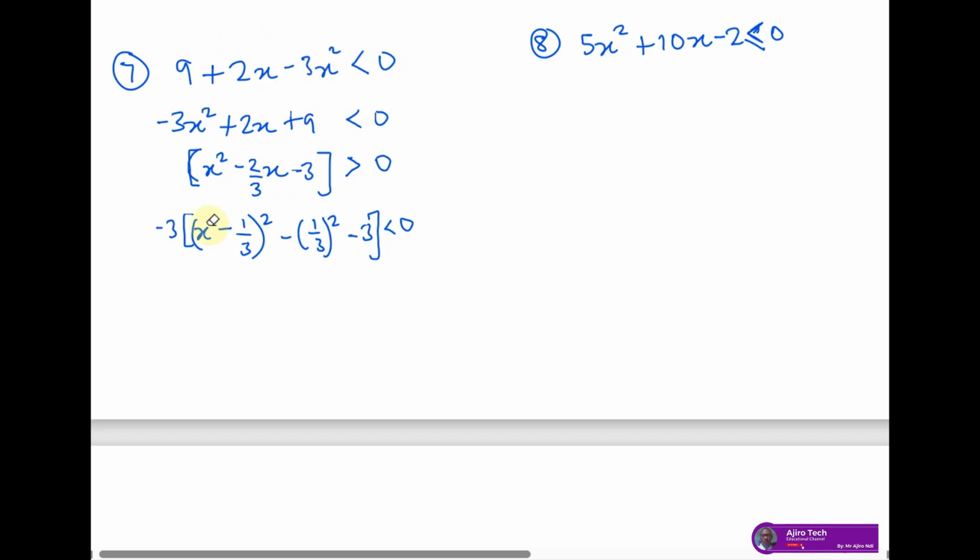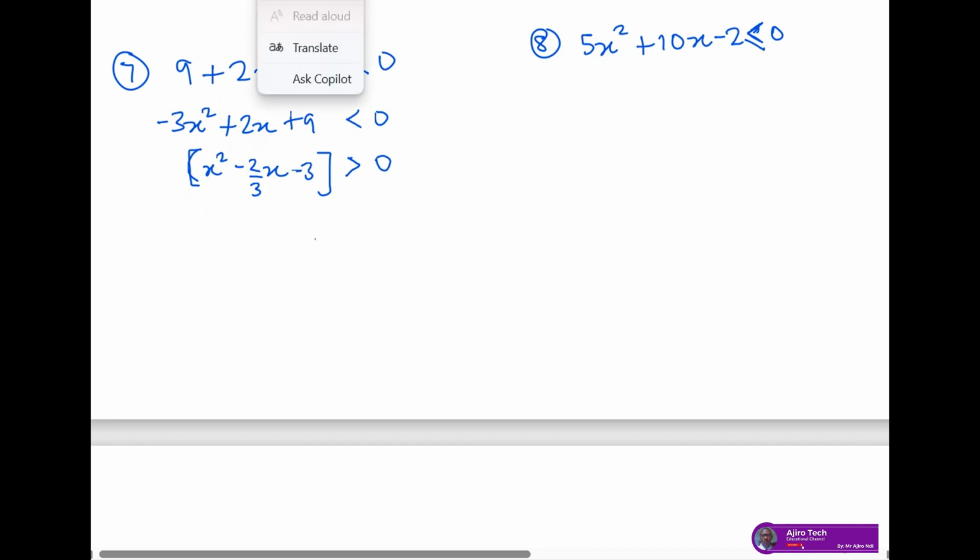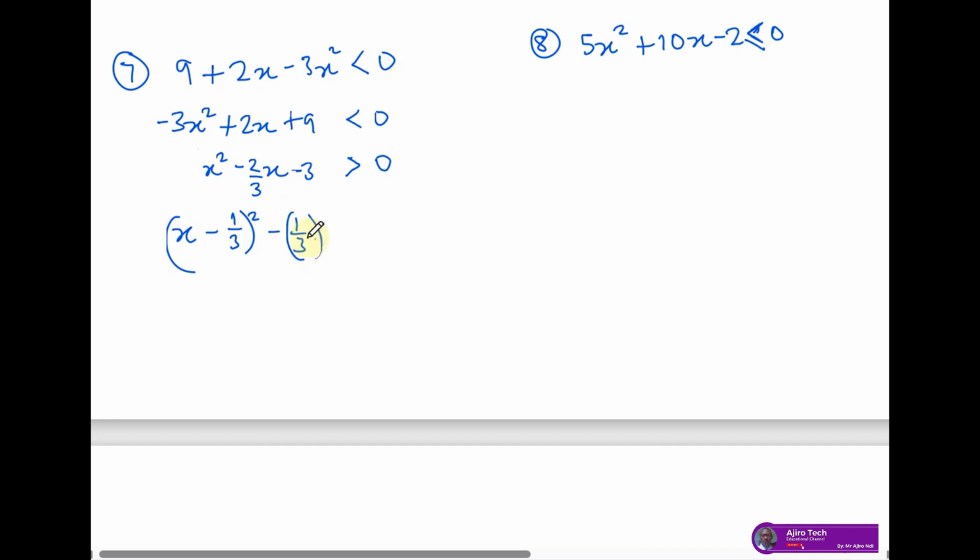So now let me write that line. I want to solve one that doesn't have an equation, so I can remove this one here now. I've divided it. So I can say at this point, complete the square: x minus half of this is 1 over 3, squared, minus 1 over 3 squared, minus 3 greater than 0.